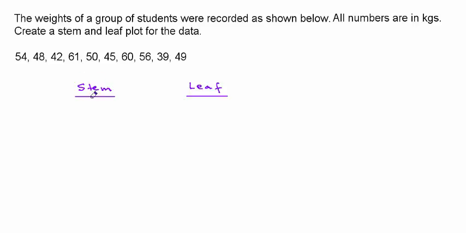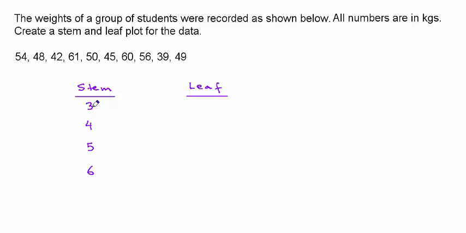And the stems in this case will be the tens. So we have numbers in the 50s, in the 40s, in the 60s, and also in the 30s. So I'm going to write a 3 to represent the 30s, 4 for 40s, 5 for 50s, and also 6 for 60s.